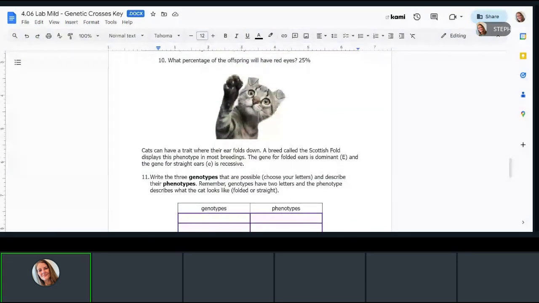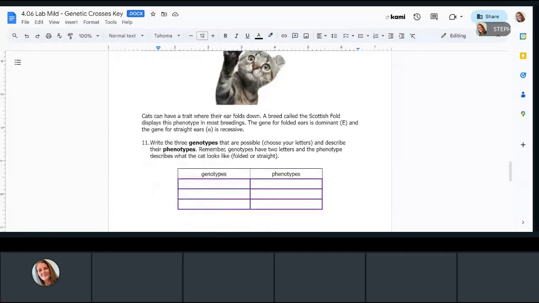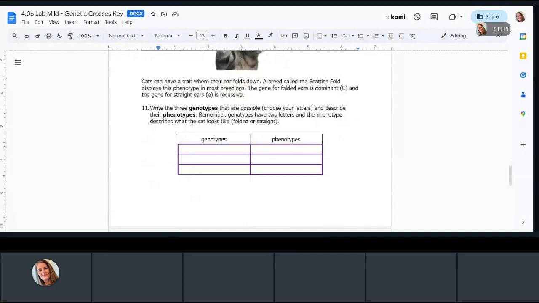Good. All right. So now we're looking at cats. Cats with folded ears. So you get to choose this time, folded or straight. What letters are you going to use?